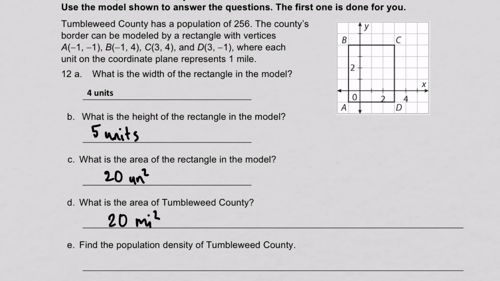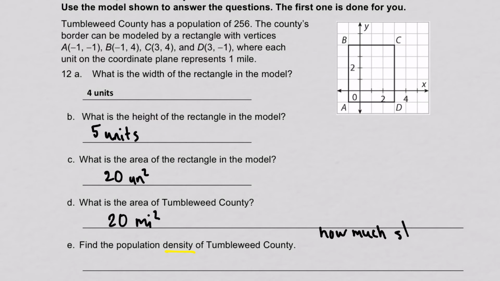And then finally, find the population density of Tumbleweed County. Okay, now I've talked about density in class, but if you don't recall, I said basically the basic idea of density is how much stuff, whatever that could be. It could be people for population density, or it could be the mass of a certain element for chemical density.